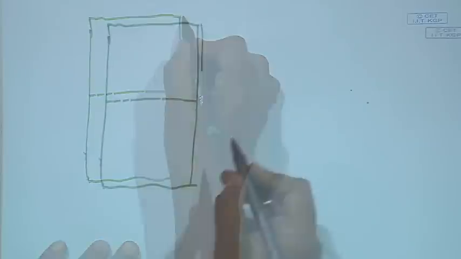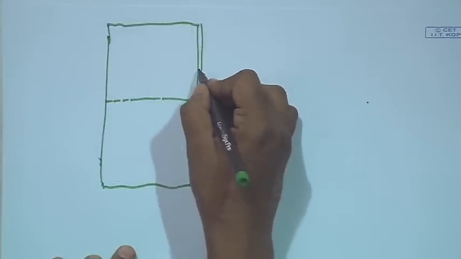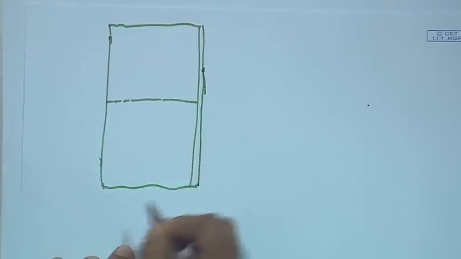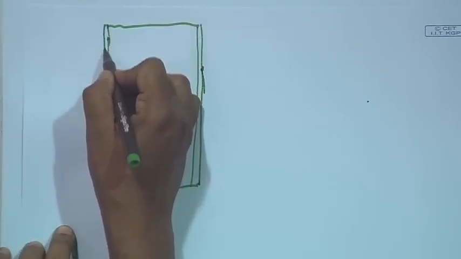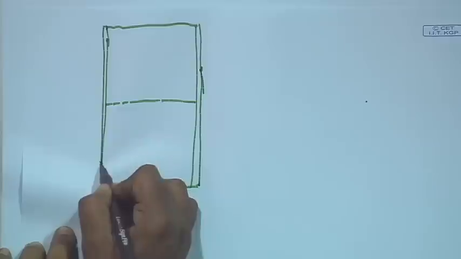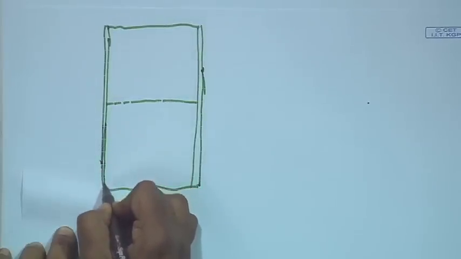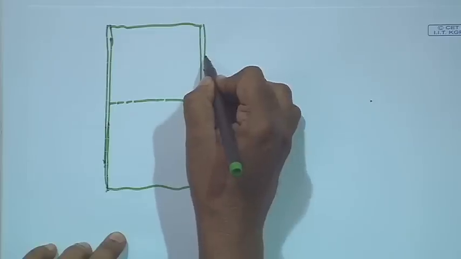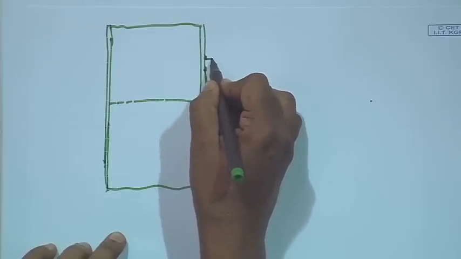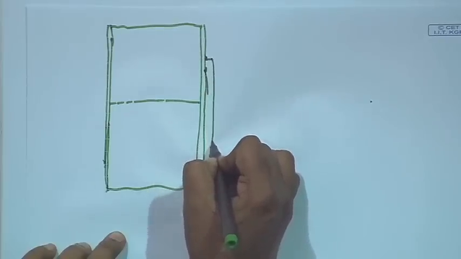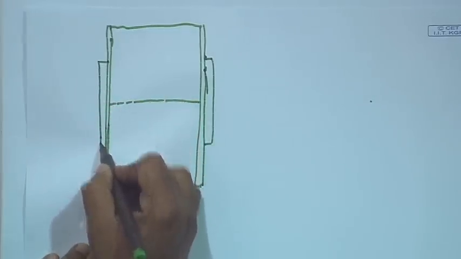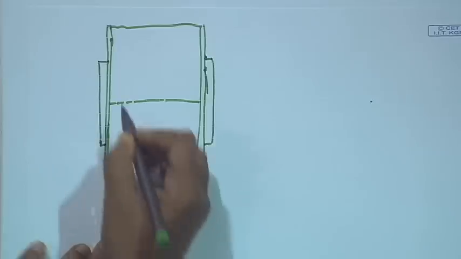So, the front view of the column will be like this, and these are spliced at their flange, like this.